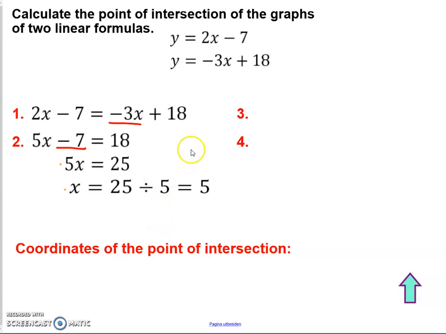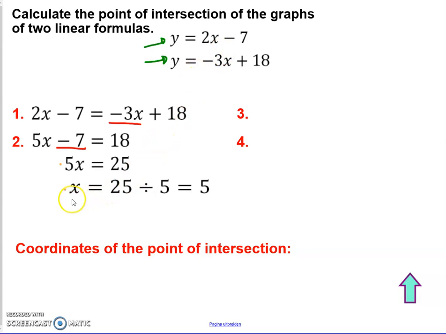In step 3, we are going to calculate the y value. And I can choose which formula I would like to use. It's either this one or that one. Just choose one. Because if everything went well, they will give me the same solution, because I'm looking for the only point they have in common. So I'm going to choose the first one.